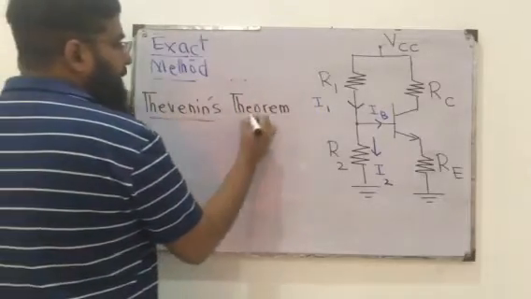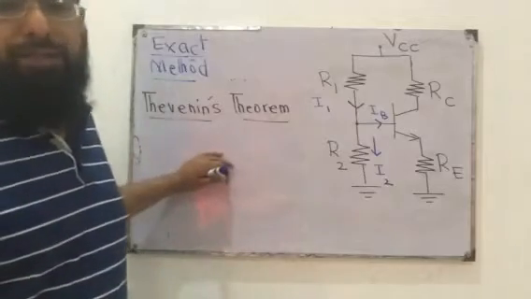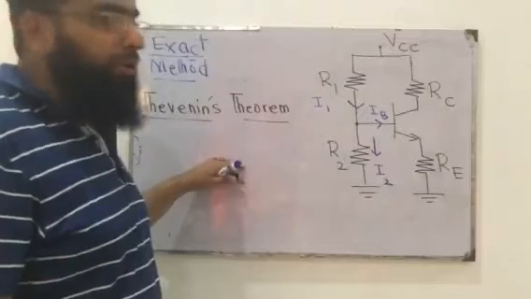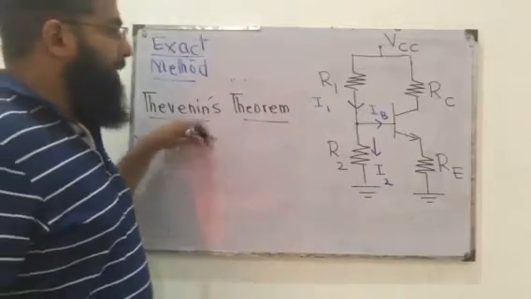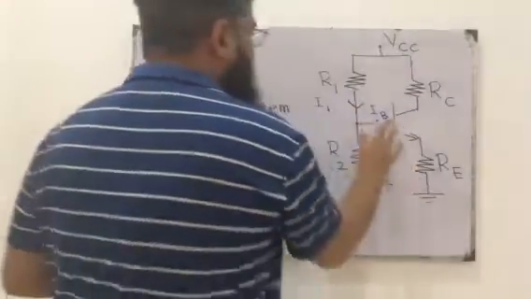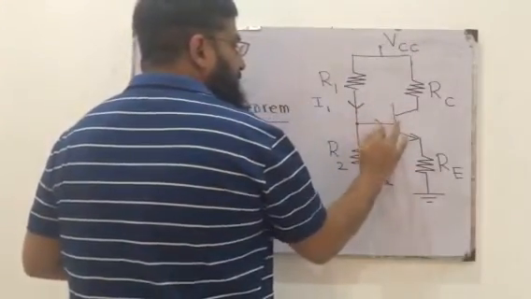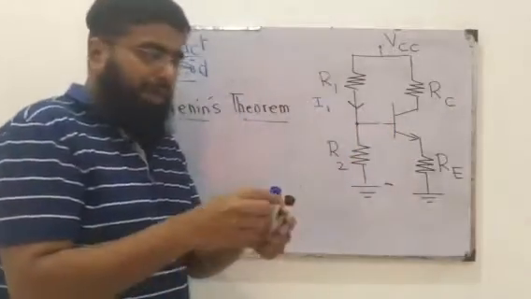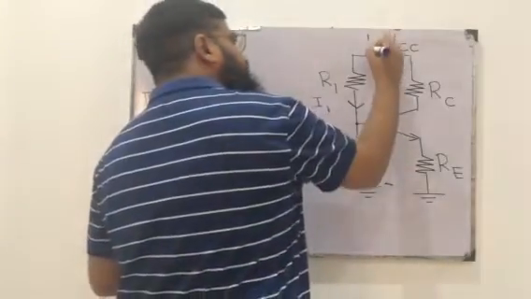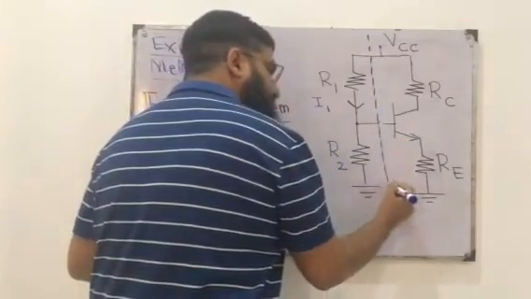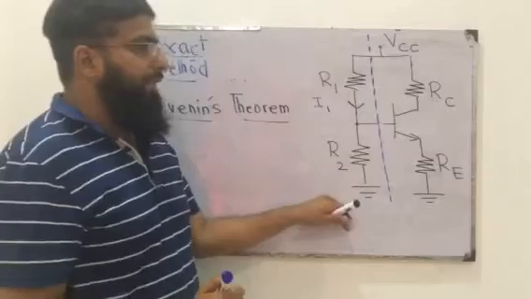We have already studied Thevenin's theorem in electrical circuit analysis or basic electrical engineering, whatever the course name is. Thevenin's theorem tells us to identify the load first, and then put a vertical line to segregate the load from the remaining circuit.